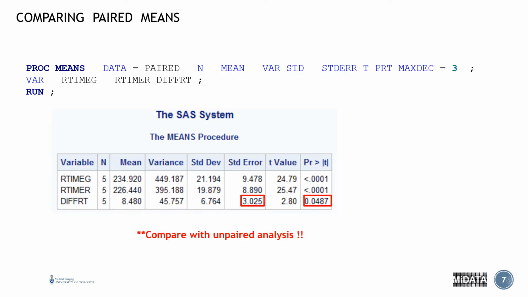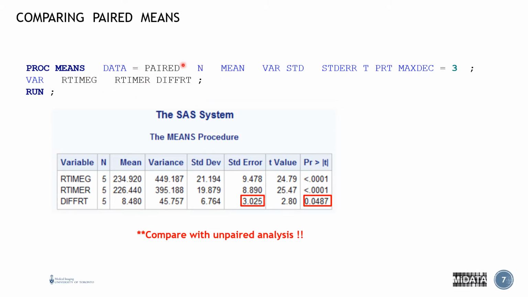Now remember I said that we were going to repeat the same analysis but using the paired data set. So this is what we're doing here. We're using proc means, same thing, but we're calling the paired data set this time. We're asking for the same summary statistics. We don't have to use the by color statement because now the data is in columns, so we just specify the variables: the reaction time for green, reaction time for red, and the difference.